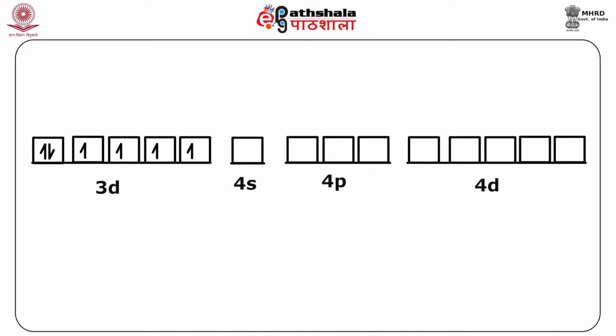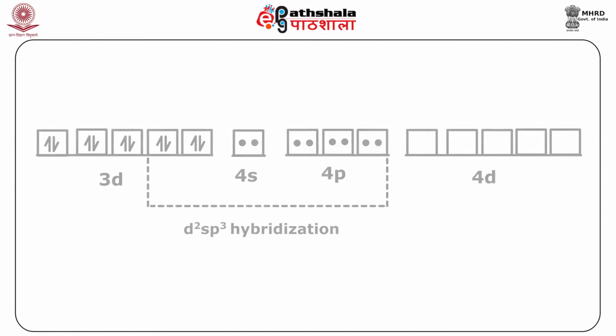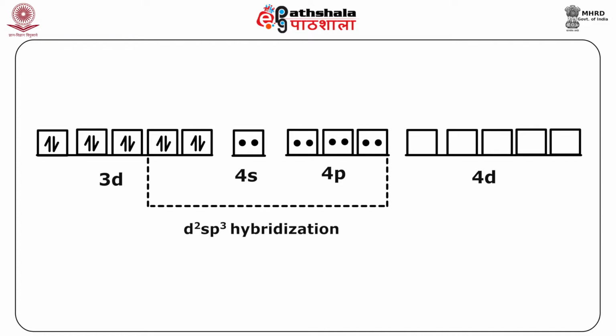So in the complex form, that is in the excited state, the orbital picture would be like this: all the 6 electrons of the 3d orbitals will be filled in the first 3 orbitals of the 3d orbitals, and the rest 2 orbitals would be free. And to occupy the 6 electron pairs provided by the 6 carbon monoxide ligands, we can have 6 free orbitals.